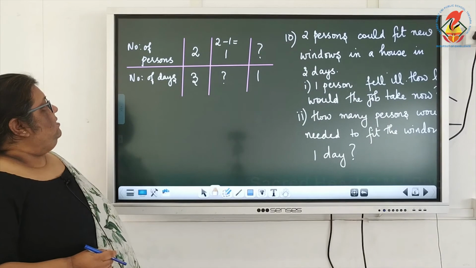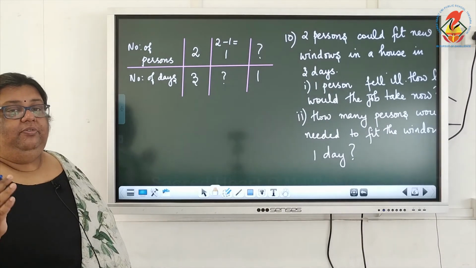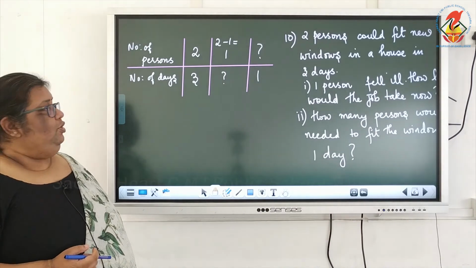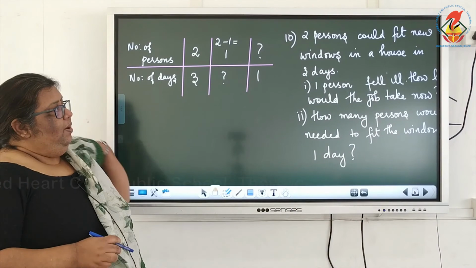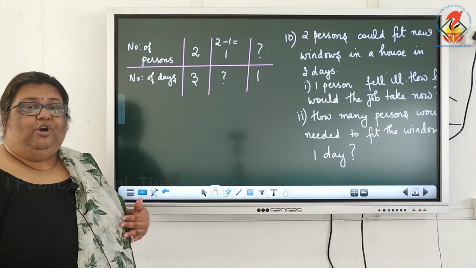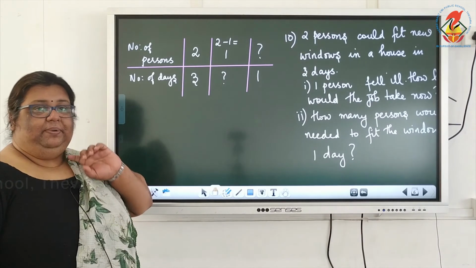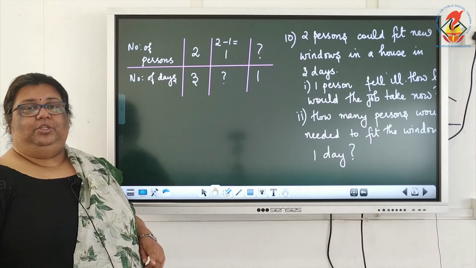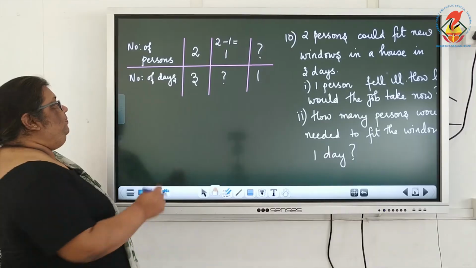You know that as the number of persons increases, the number of days will be decreasing. So, it is an inverse proportion. They have said 2 persons are required to complete the work in 3 days, but 1 person got ill. So, how many people are there now? There is only 1 person to do the job. If there is only 1 person, how many days will it take to complete the work?